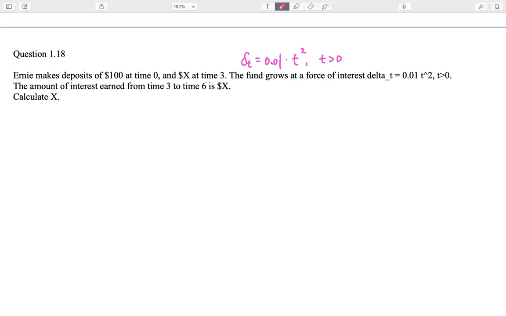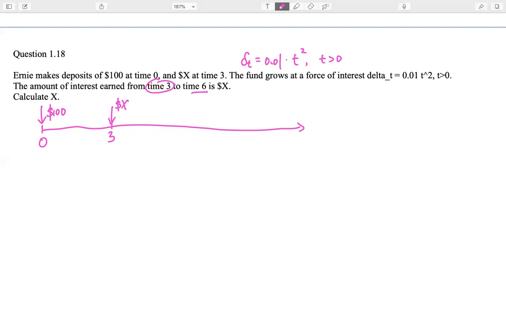So we are trying to calculate the amount of interest earned from time 3 to time 6, which is x. Calculate x. So again, I always start with a timeline. At time 0, a deposit of $100, and another deposit at time 3.